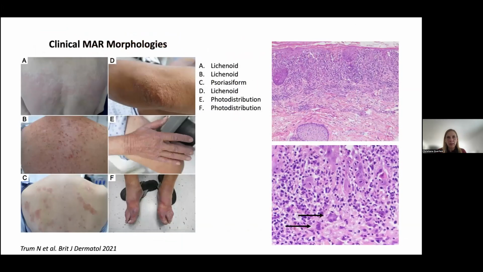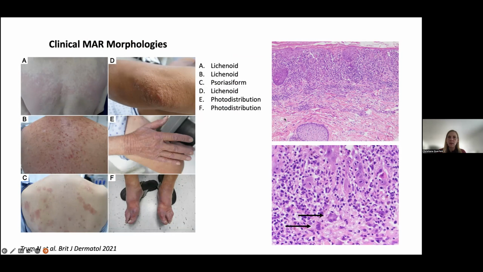We analyzed, for example, patients who were treated with mogamulizumab. These are the morphologies you can find: again CTCL-like, more like a maculopapular eruption, or lichenoid and photosensitivity reaction. When you look at pathology, you see all these bizarre-configured cells, presumably histiocytes.